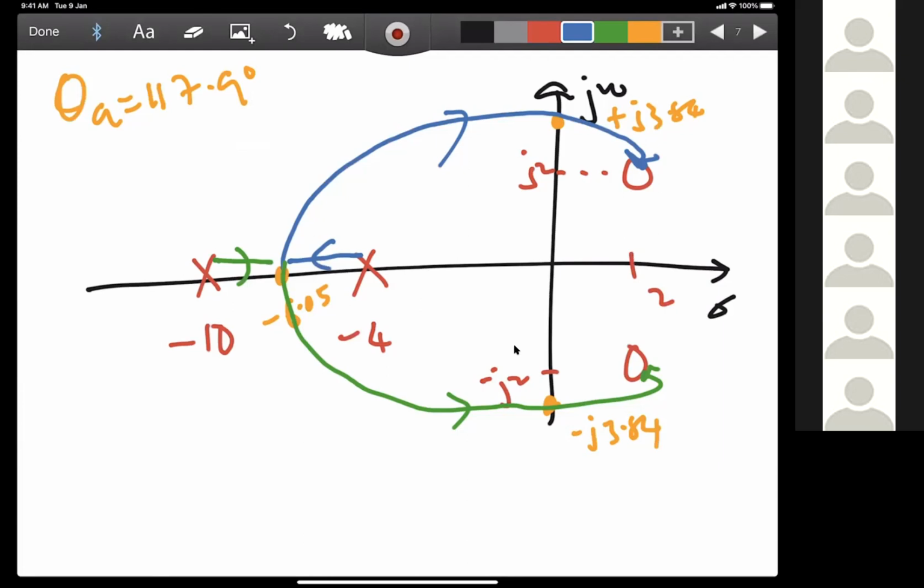Hence, determine the range of gain K for the underdamped stable system and the critically damped system. What do you understand by that? Damping ratio.